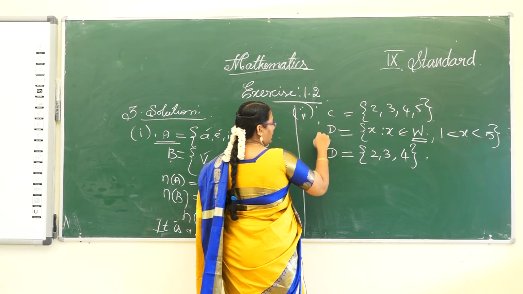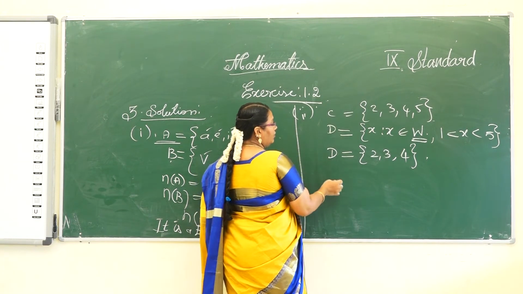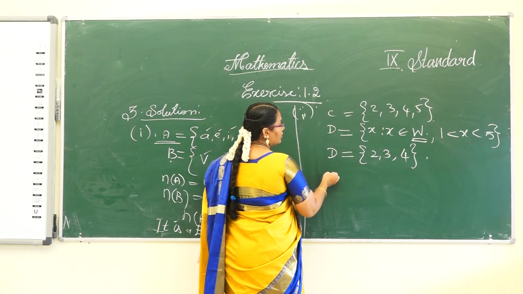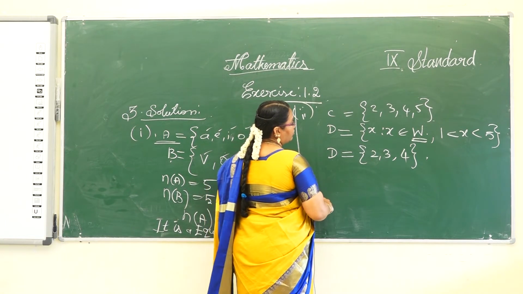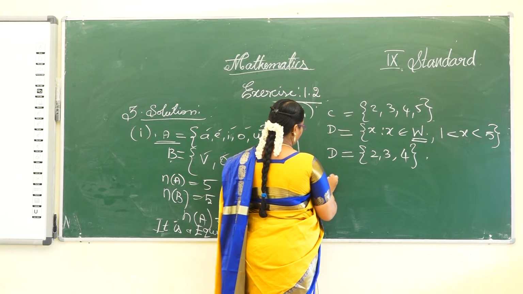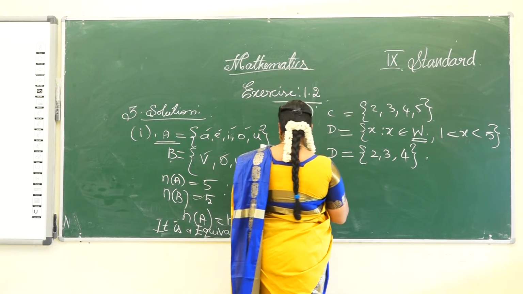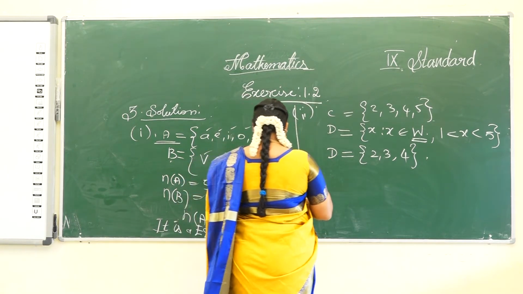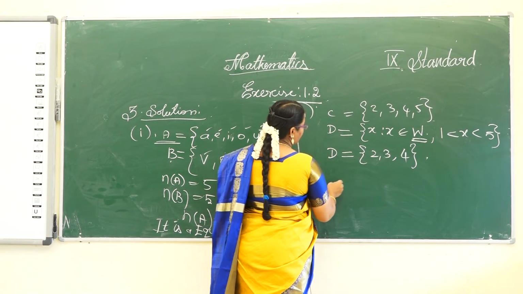So compare the two sets C and D. They are not equal, right? So it's not equal, which means unequal sets, okay?